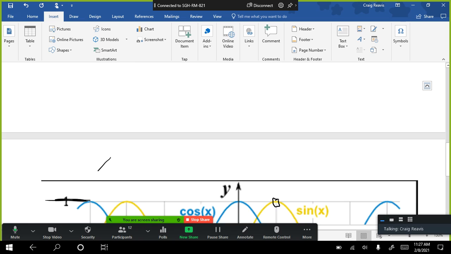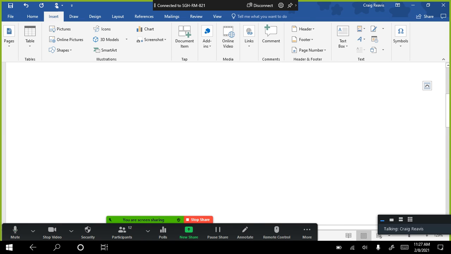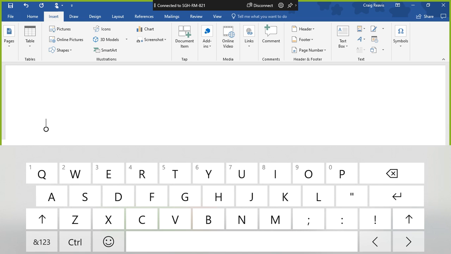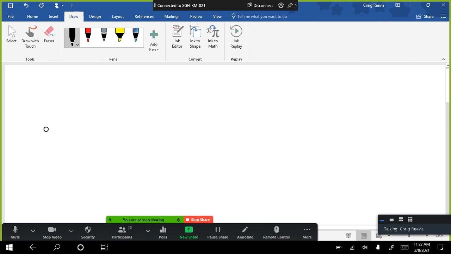All right, so let me see, there we go, I've got a page now. Okay, so let's look at a very basic y equals sine of x over 2.